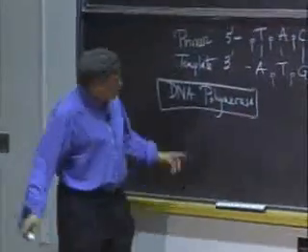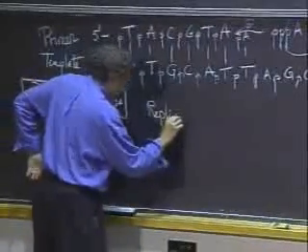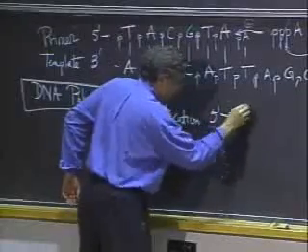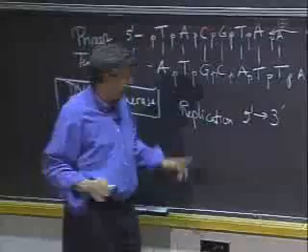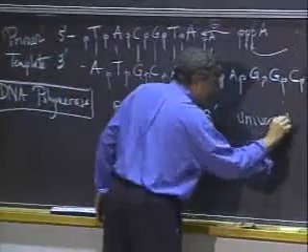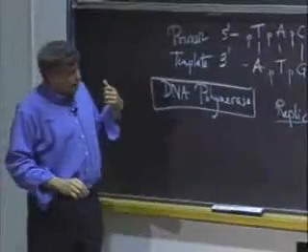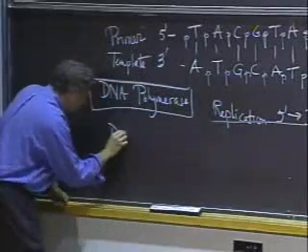I call your attention to the fact that the replication goes 5' to 3'. Always, ever, all the time. This is universal. No one has ever found a DNA polymerization system in nature where it goes the other way. Now, why would that be? This is just a digression. But tell me why that would be.